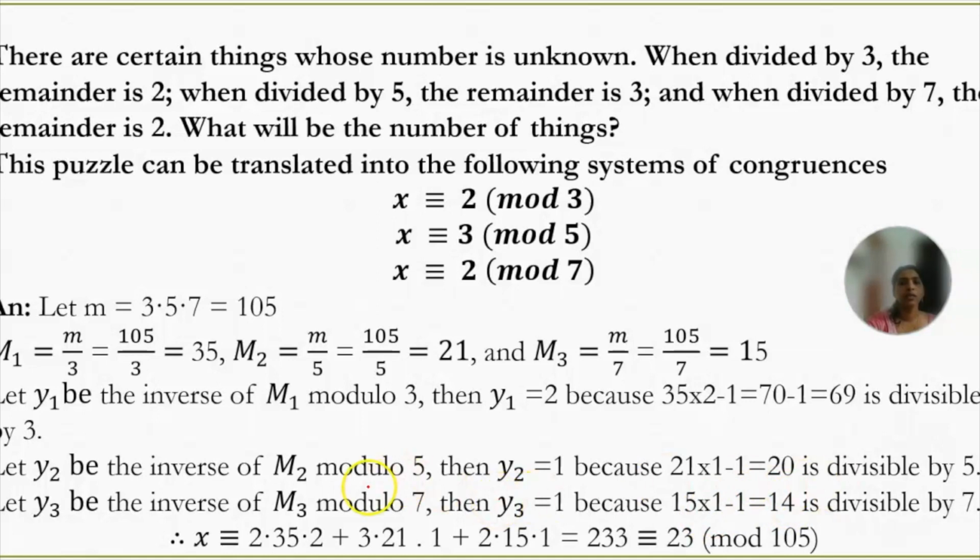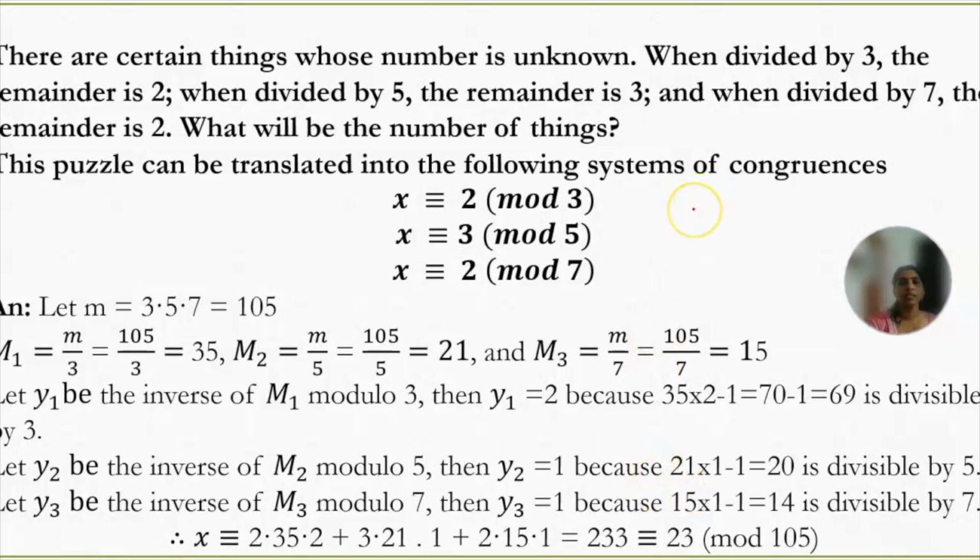Then the solution X is equal to 2 into 35 into 2 plus 3 into 21 into 1 plus 2 into 15 into 1. The answer is 233, but converted into mod 105, the number is 23.